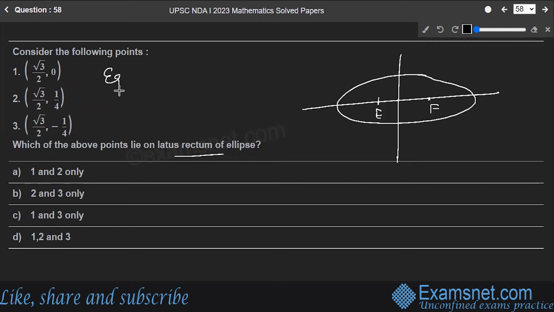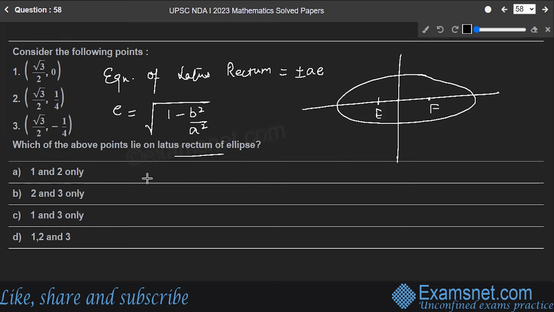What is the equation of latus rectum? It's x equal to plus minus AE. What is E? It's given by the square root of 1 minus B squared upon A squared. So in this case, B is equal to 1 by 2. So (1 by 2) squared is 1 by 4 upon 1. This is equal to root 3 by 4, or root 3 by 2.